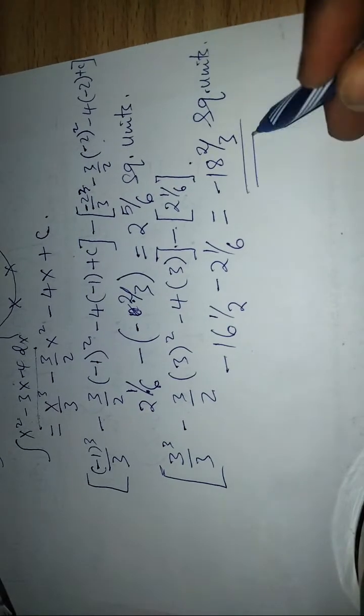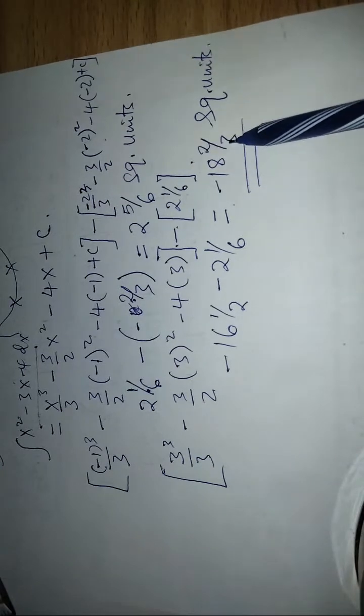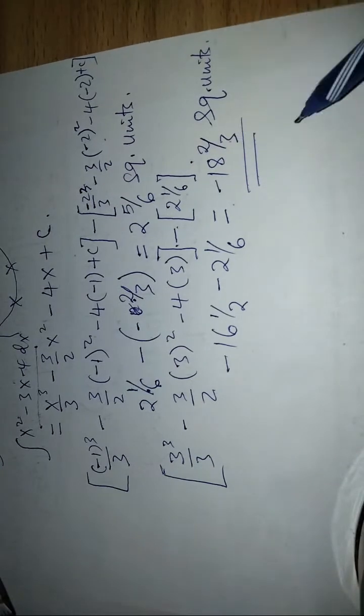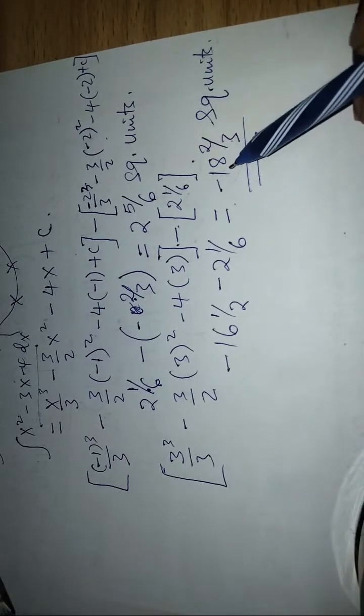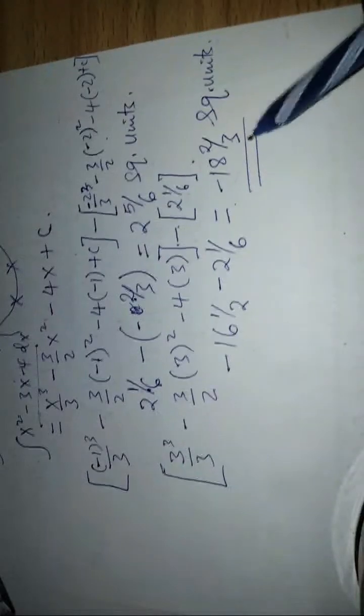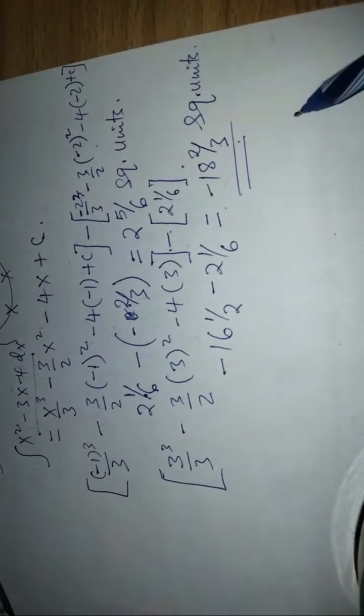Now, this -18 and 2/3 square units means this is just area on the lower side of the x-axis. So that is why the area is negative.